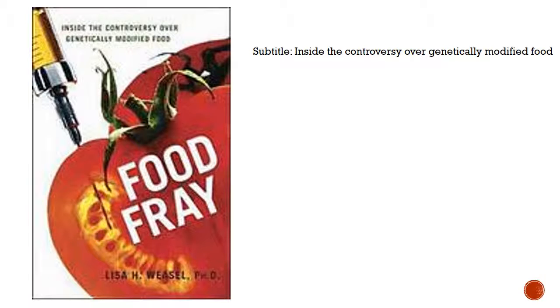Okay, here's the title, Food Fray, and the subtitle is Inside the Controversy Over Genetically Modified Food. So is the title Food Fray really going to help us figure out what the book is about? It's kind of cutesy. It's a little controversial.